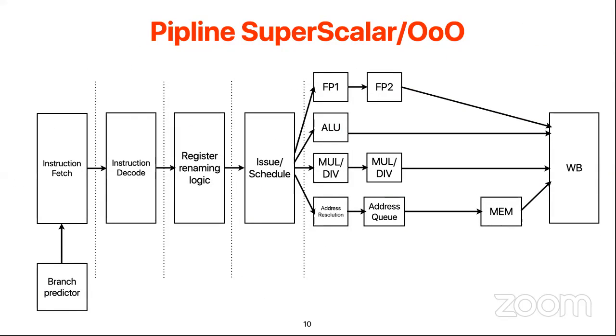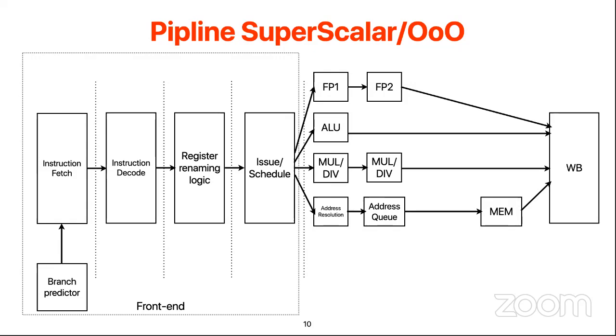So you can imagine with a superscalar processor, your pipeline will be something like this. Your branch predictor will help you know what instruction to fetch. And then after you fetch the instruction, you still decode it, rename it, issue it. However, superscalar means that you can fetch multiple.